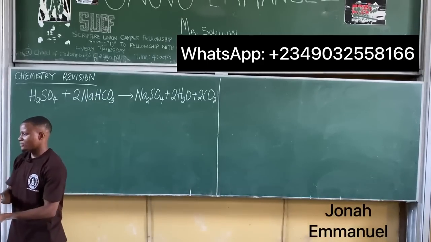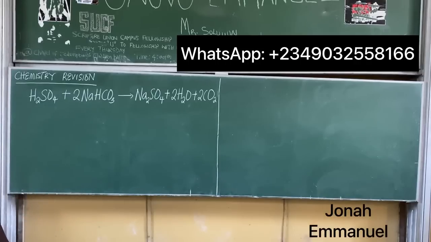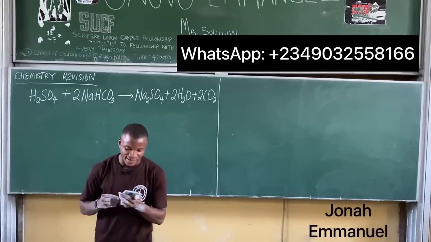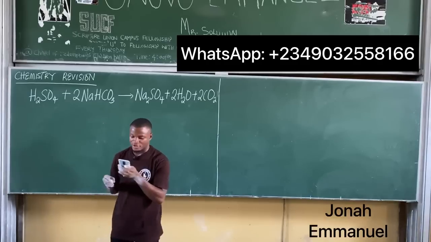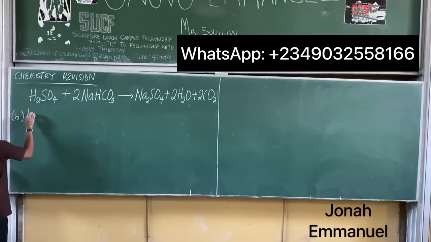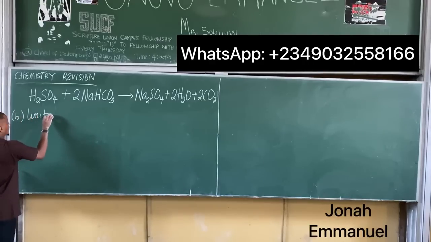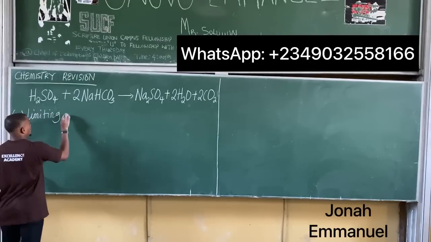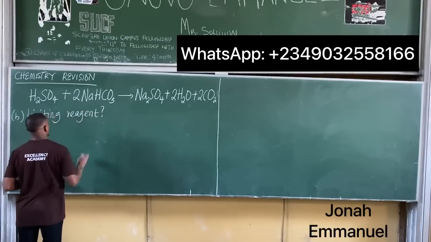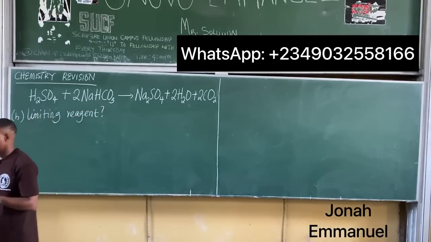So the A part is settled. A part says, write a balanced chemical equation for the reaction. That part is settled. B says, what is the limiting reagent?